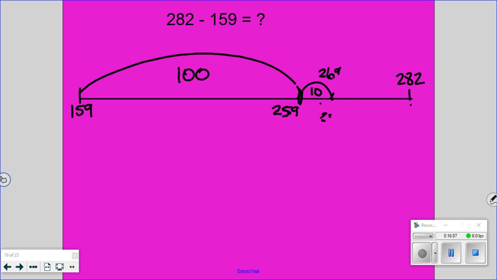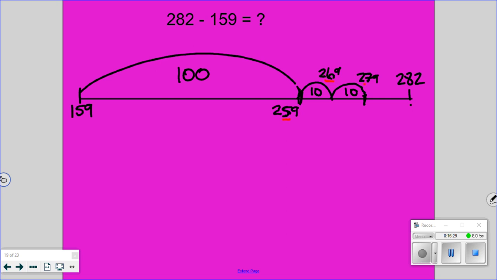Yes. If I do another 10 hop, what number do I end at? Callie? 279. Notice the only thing that's changing when I'm doing these 10 hops is my 10.